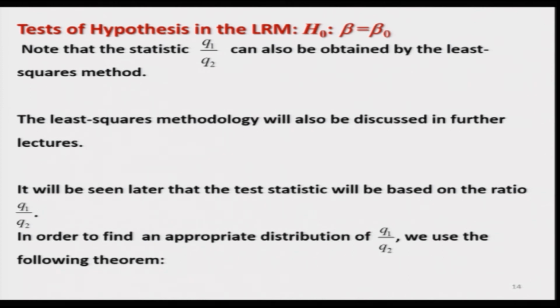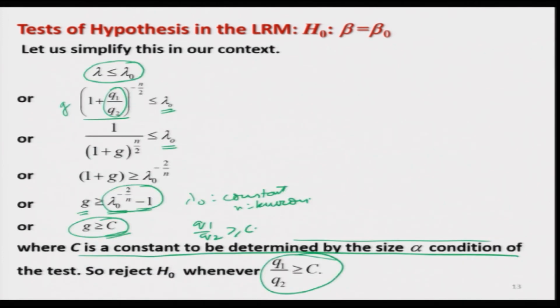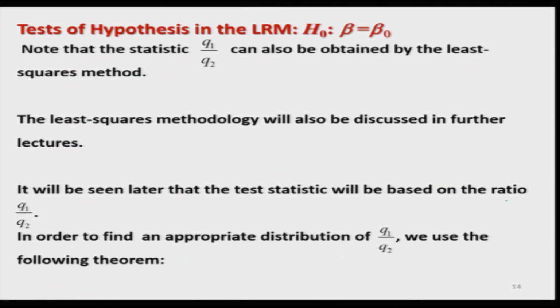test statistics. At this moment I would like to inform you that this entire test depends on the value of q1 upon q2, and remember that q1 upon q2 is obtained from the likelihood ratio test. Now, the same statistic q1 upon q2 can also be obtained by the least square method, but we will talk about that at a later stage.